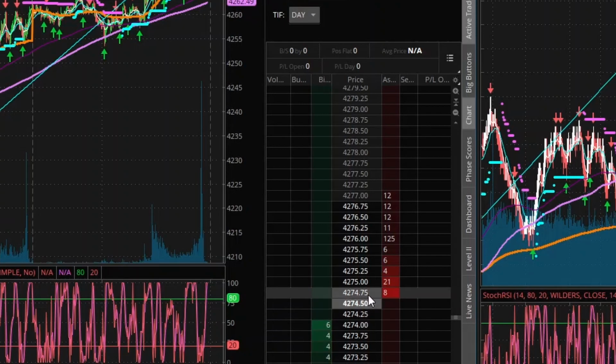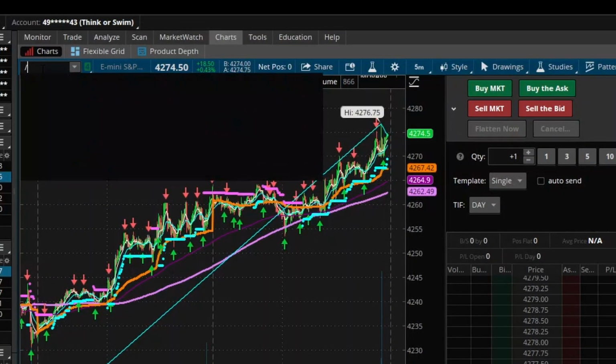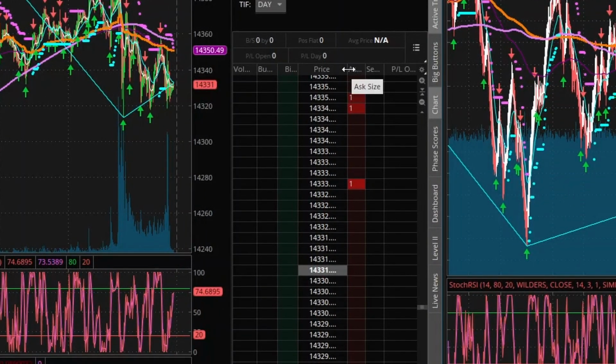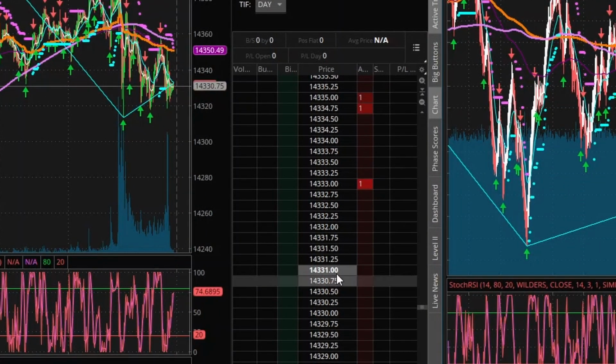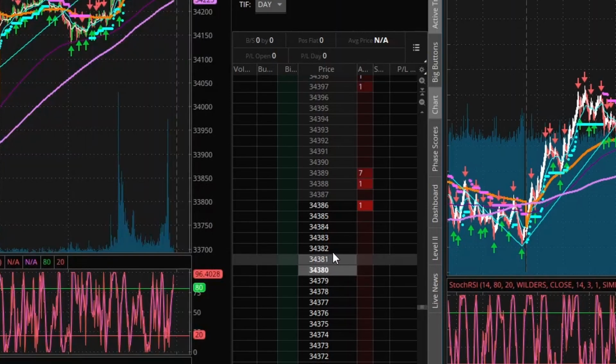Both the ES and the NQ, the NASDAQ, move the same way, where 4 ticks is equal to 1 point. However, for the Dow Jones, there's no quarter. Really, it's just 1 point moves.